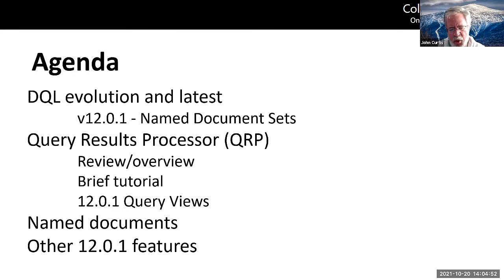So that 12.0.1 query views is wrong. That's results views. Query views was something we built in the DB2 project long ago, and it's been replaced and subsumed. I'm going to have a brief tutorial of the QRP going through the API, and I will present the views that we have built for 12.0.1.